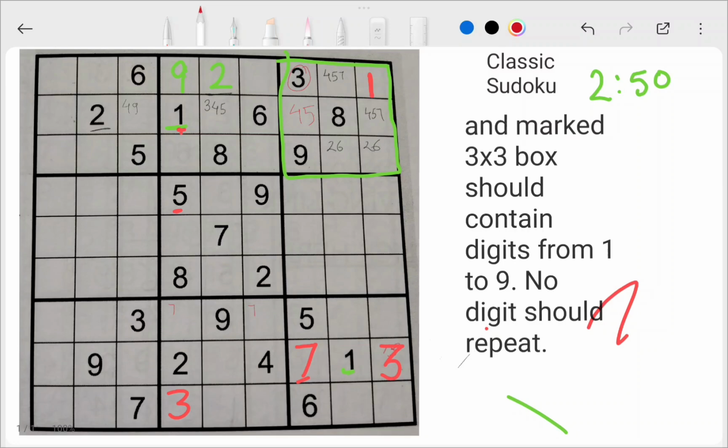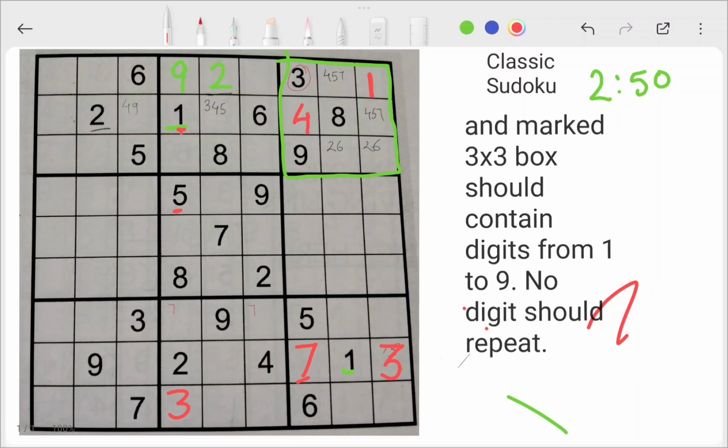Okay, scan. This is already 5, so we can eliminate 5 also from this cell, so this must be 4.